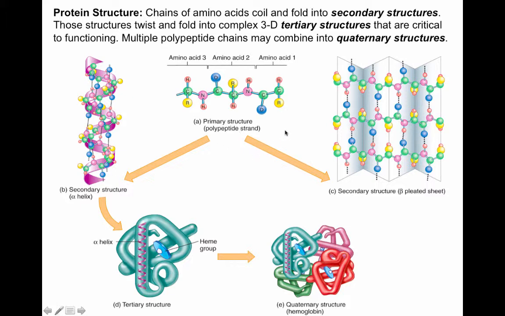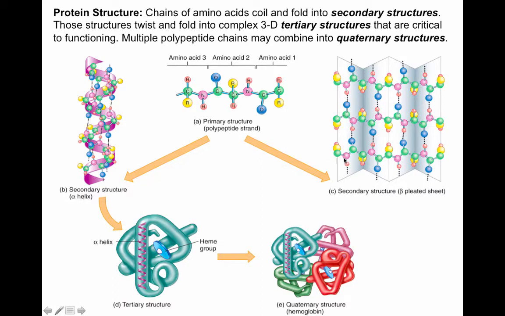And then those chains of amino acids very often will do two things in localized regions of the amino acid chain. One thing that happens commonly is the chain will start to coil up like a spring, and that's called an alpha helix.